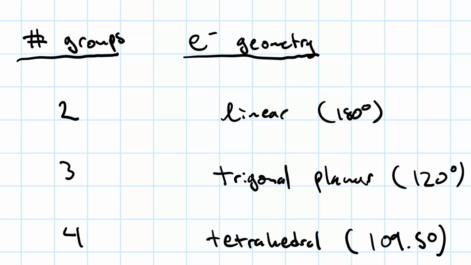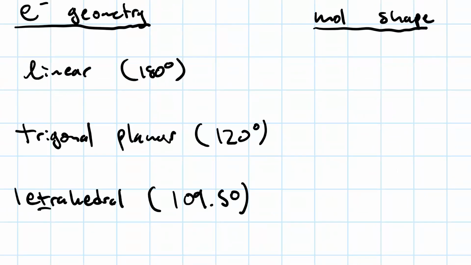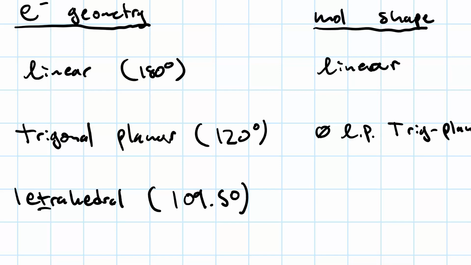Molecular shapes are derived from the electron geometry. So if your electron geometry is linear, your molecular shape will always be linear. On the other hand, if your electron geometry is trigonal planar and you have 0 lone pairs, then your molecular shape is trigonal planar, trig-plan for short.